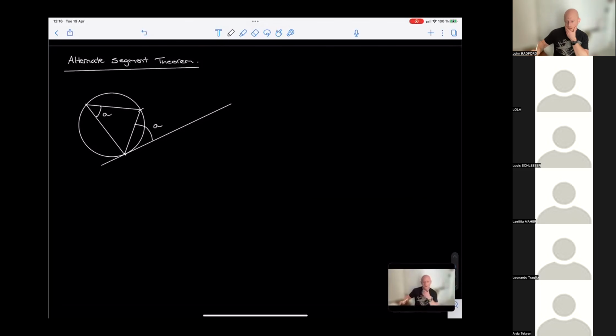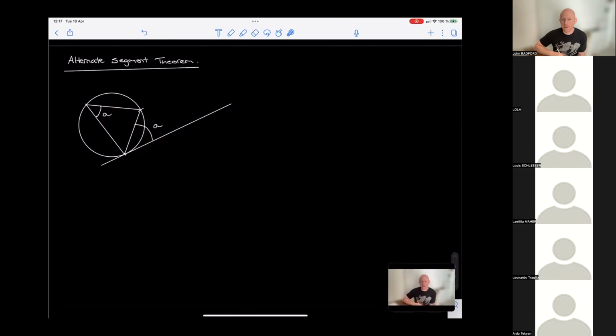What we're dealing with here is the angle between the tangent and this chord. So the angle between the tangent and the chord, I'll actually just read it out, is equal to the angle in the alternate segment, this angle here.